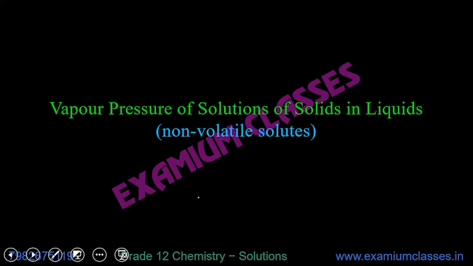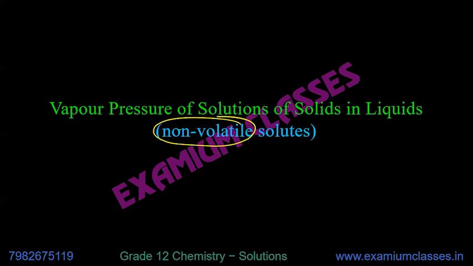Now, vapor pressure of solutions of solids in liquids. Vapor pressure of solutions when solids are dissolved in liquids, and these solids are non-volatile. Raoult's law is for volatile liquids. Raoult's law is applicable for a mixture of volatile liquids.